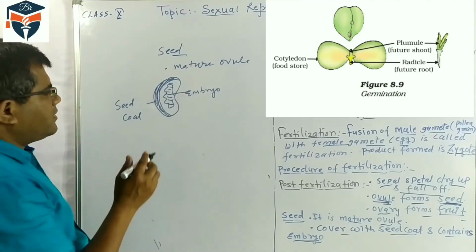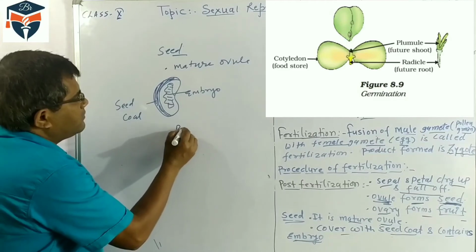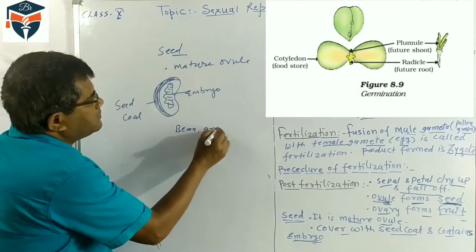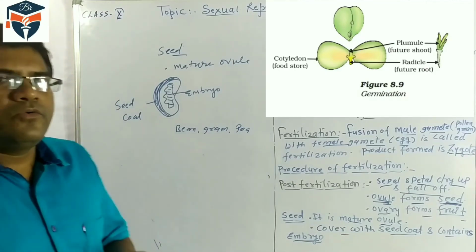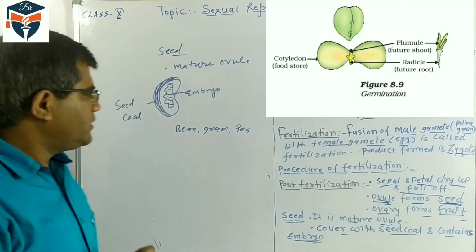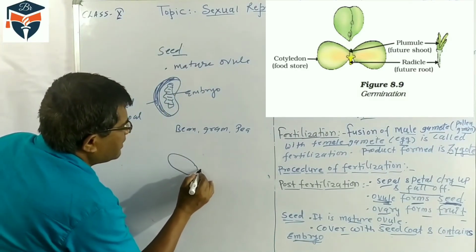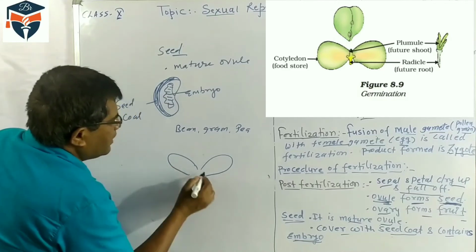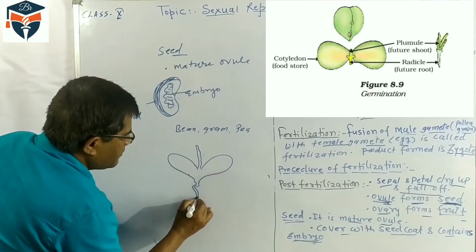If I take one seed, such as a bean seed, gram seed or pea seed, we keep the seed in water overnight, and once we dissect the seed, we get three important parts of the embryo.